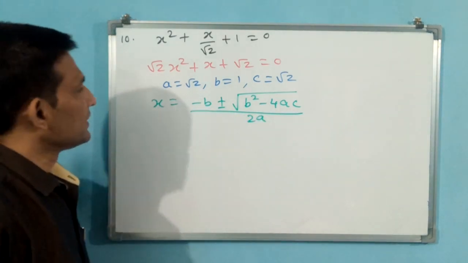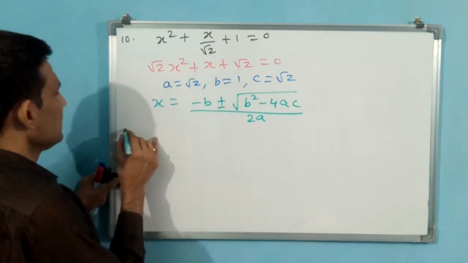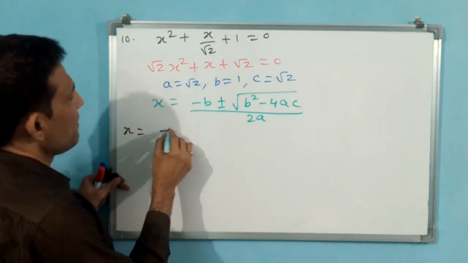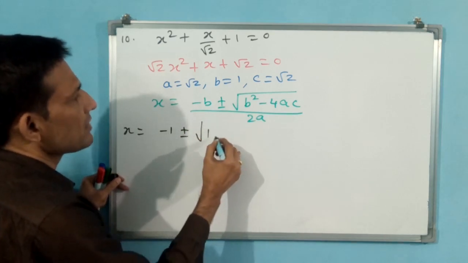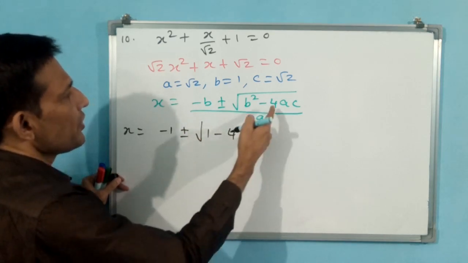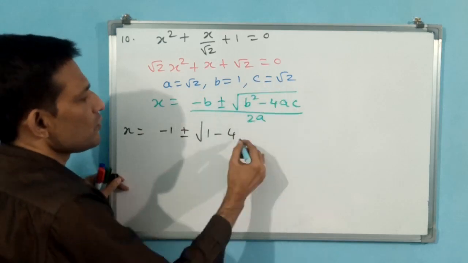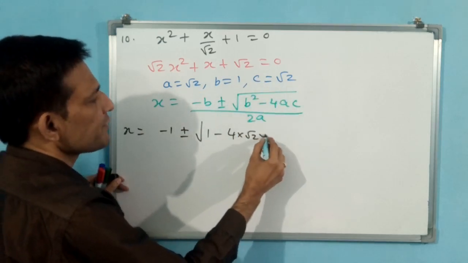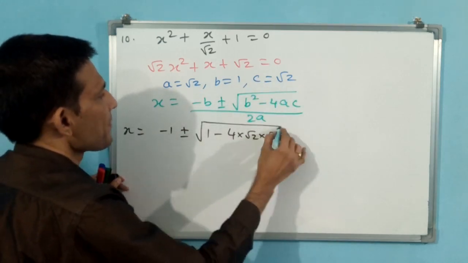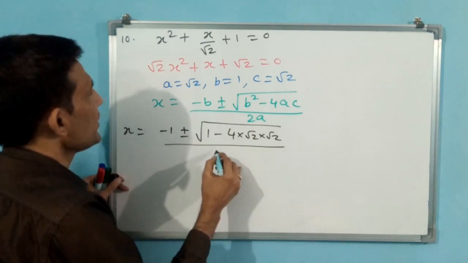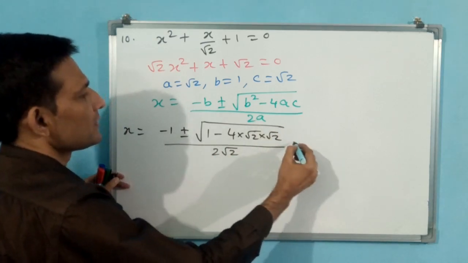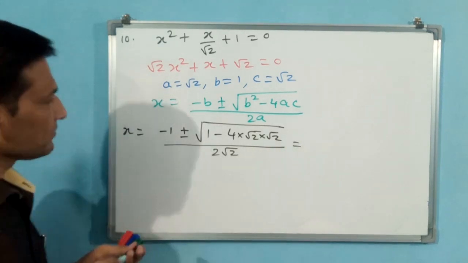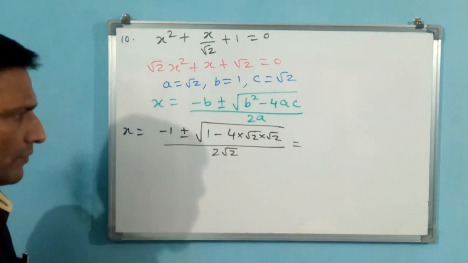Then substitute the values. x is equal to minus 1 plus or minus square root of b square 1 minus 4 a into c, root 2 into root 2. You write root 2 into root 2 only, by 2a, 2 root 2. Is it okay?